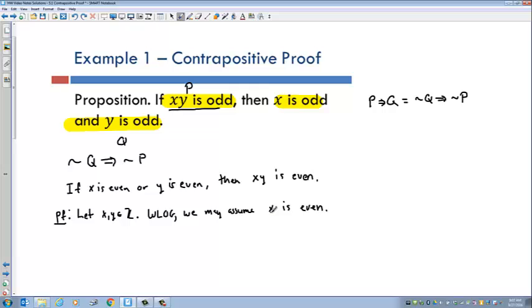We get the same result in the end. All right, so when we assume that x is even, then what do we know? We know x is equal to 2 times a, where a is an integer. So a is an element of Z. And this is by definition of even.